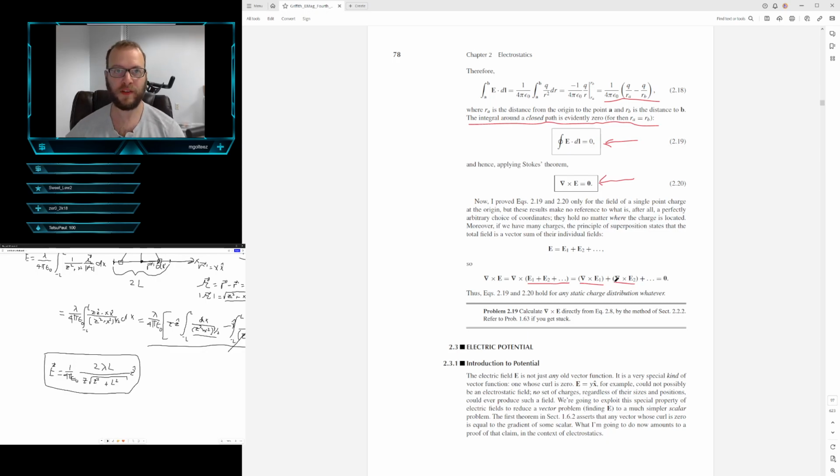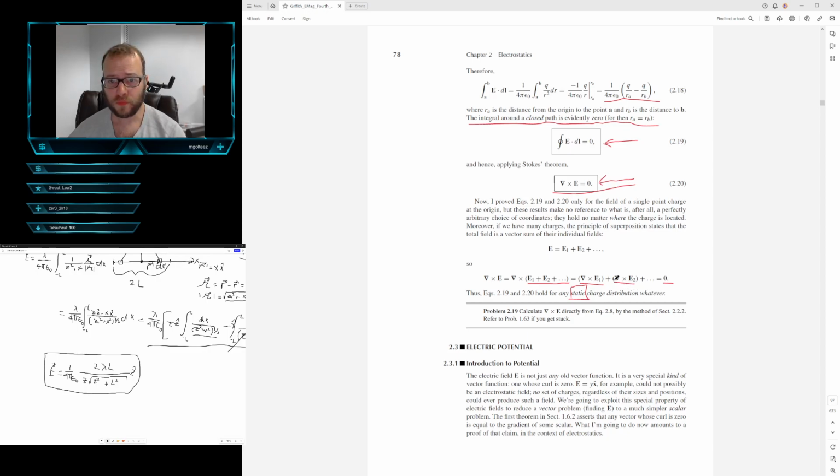But each one individually contributes nothing. So the whole thing contributes nothing. So this equation, the curl of E equal to 0, holds for any static, very important, charge distribution whatsoever.